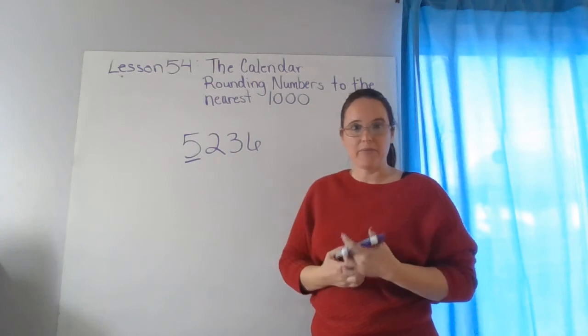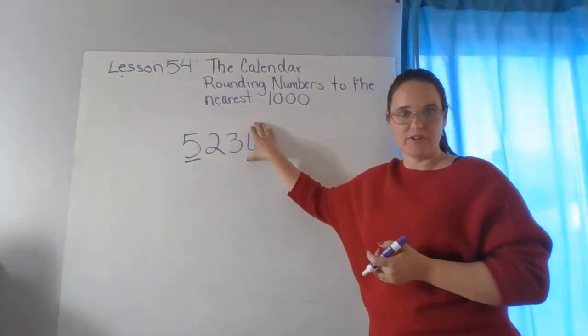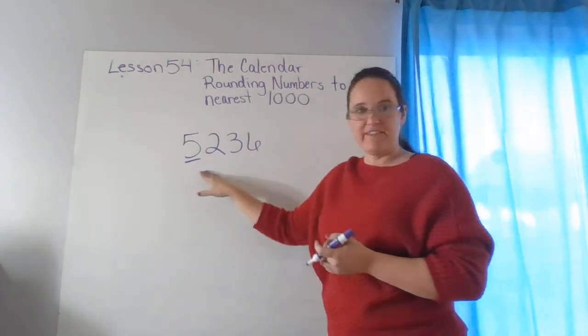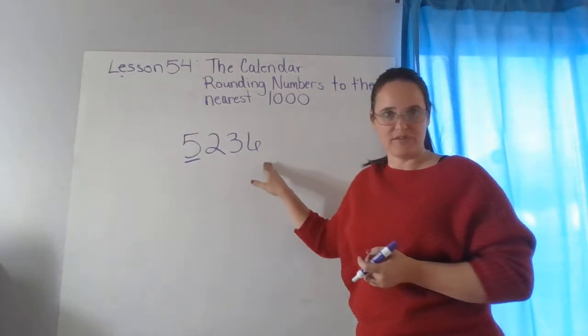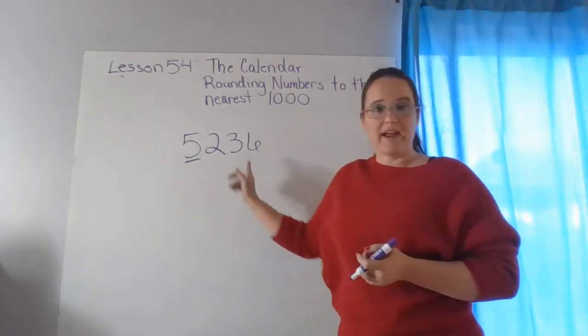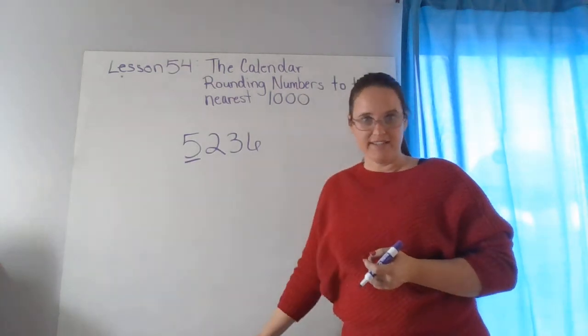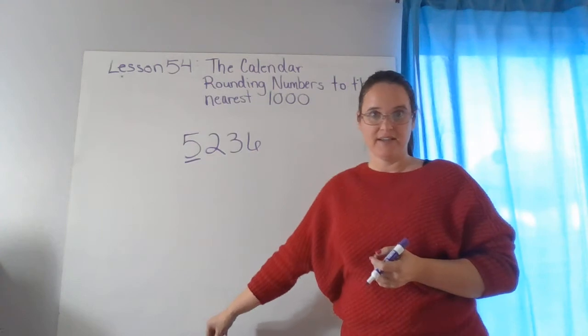What we mean by rounding down is we mean we're getting rid of this 236. 5,000 is a smaller number than 5,236. Okay? So we round down to 5,000. We don't round down to 4,000.